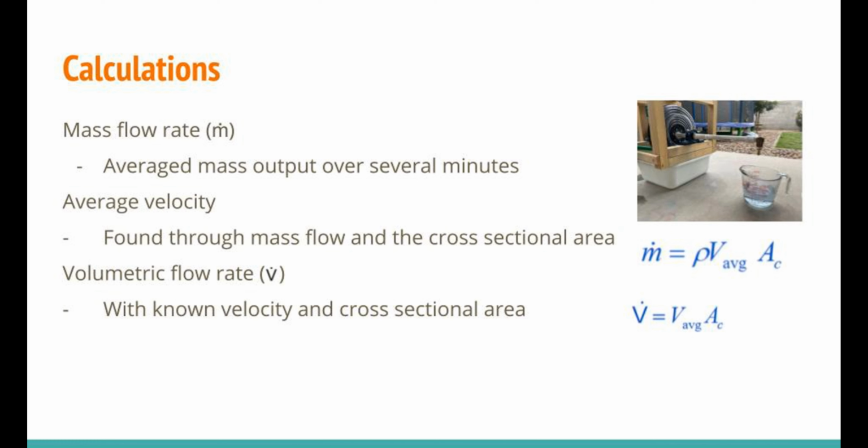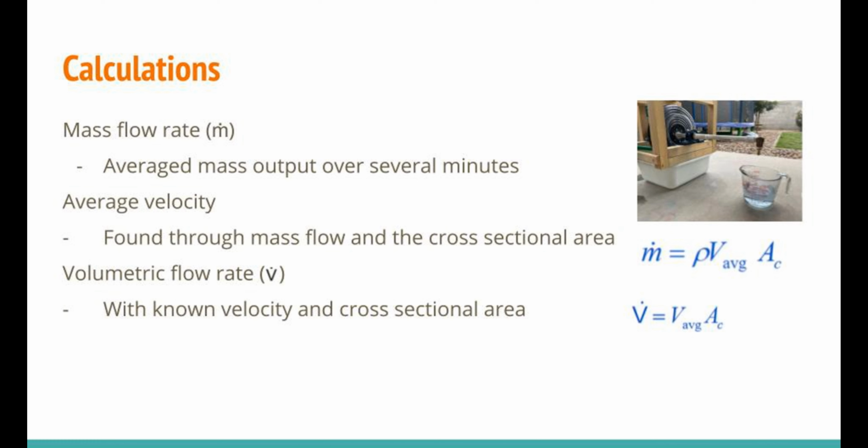After calculating this, we then used the mass flow equation to solve for the average velocity throughout the system, which we found as 0.2445 feet per second. Once the average velocity was found, we then used this information to find the volumetric flow rate, which was 0.000334 feet cubed per second.